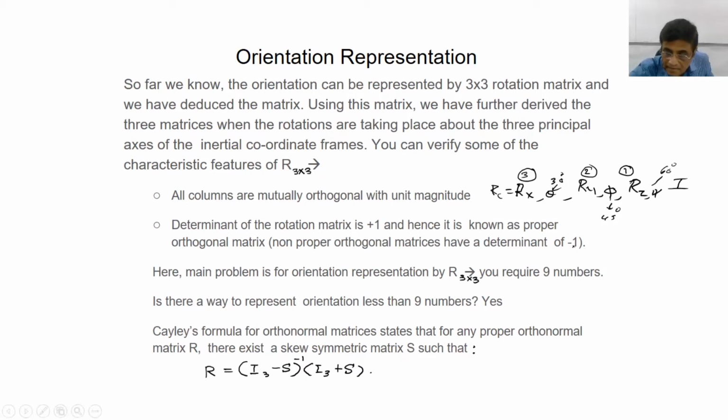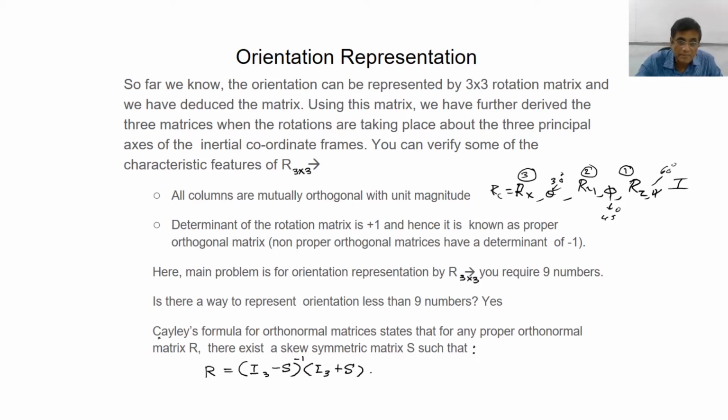As I said, each matrix has 9 elements, 3 cross 3, but I have only 3 parameters, theta, phi and psi. So is there any way that I can reduce the number of parameters for representation?